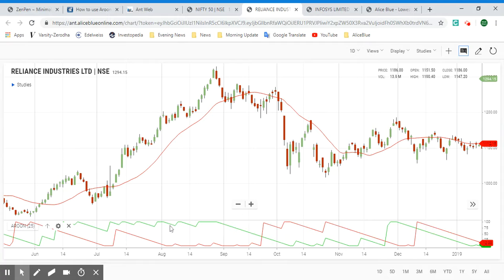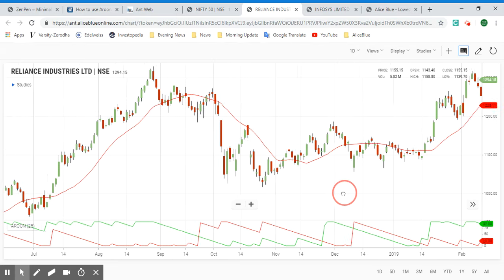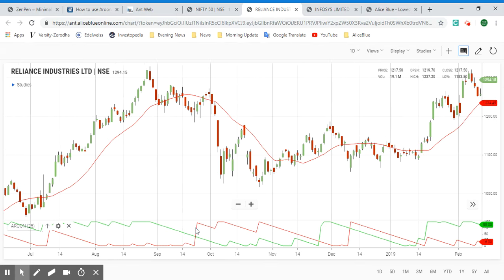So this shows a strong uptrend here as it has kept on hitting highs over and over again. So a surge in Aroon Down combined with a decline in Aroon Up signals the start of a downtrend. So let's look at that. So here, the Aroon Down is surging and the Aroon Up is declining. So this shows a strong downtrend.